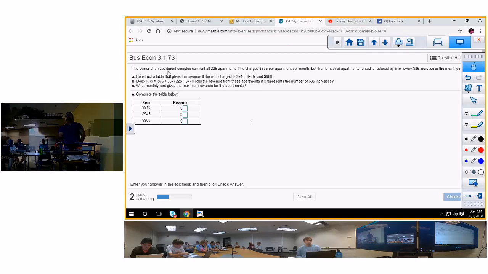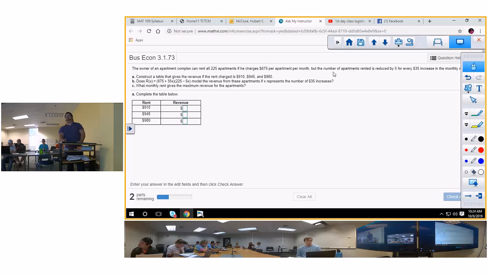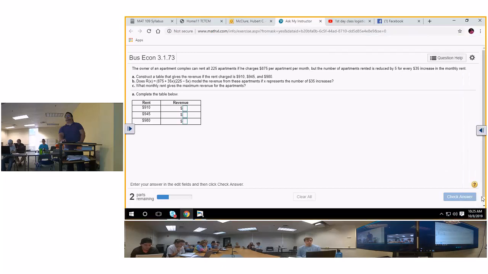The owner of an apartment complex can rent all 225 apartments if he charges $8.75 per apartment per month. But the number of apartments rented is reduced by 5 for every $35 increase. Okay?